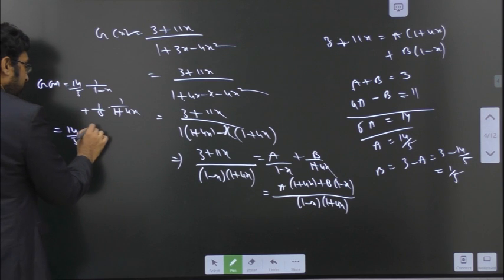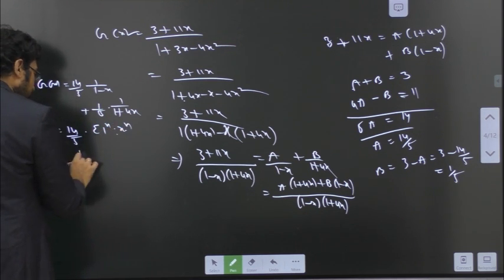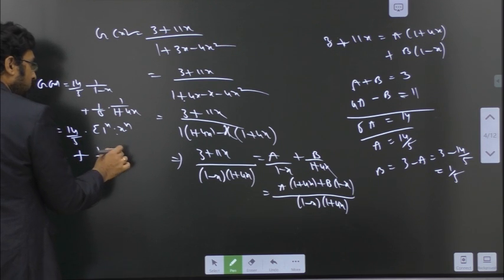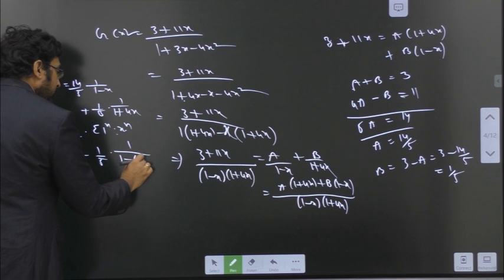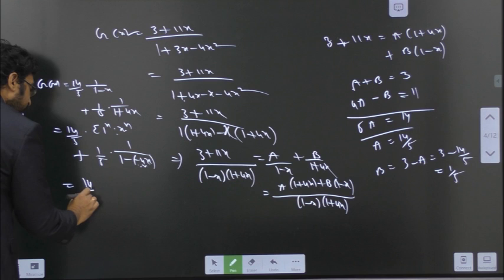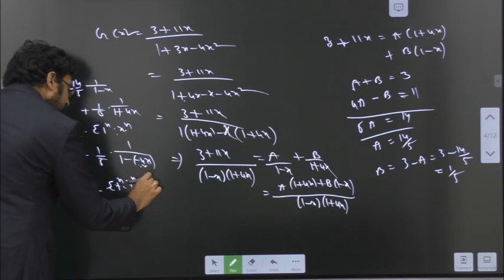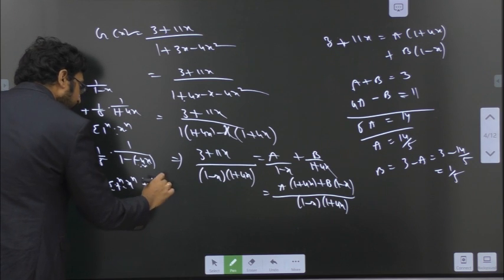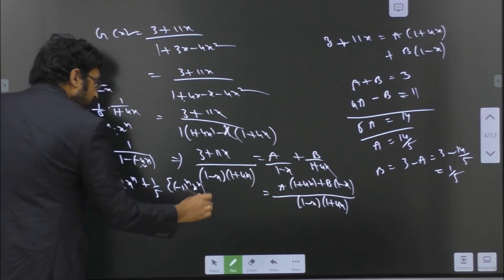According to that formula, it can be written as sigma 1 power n into x power n plus 1 by 5 into 1 by 1 plus 4x, which can be written as 1 minus of minus 4x. So it is nothing but 14 by 5 into sigma 1 power n into x power n plus 1 by 5 into, for this, sigma minus 4 power n into x power n.